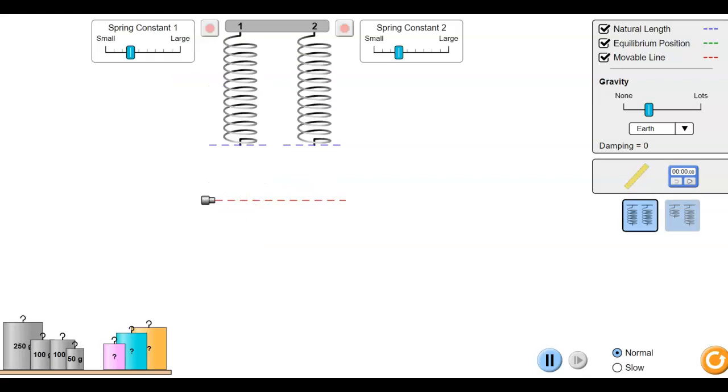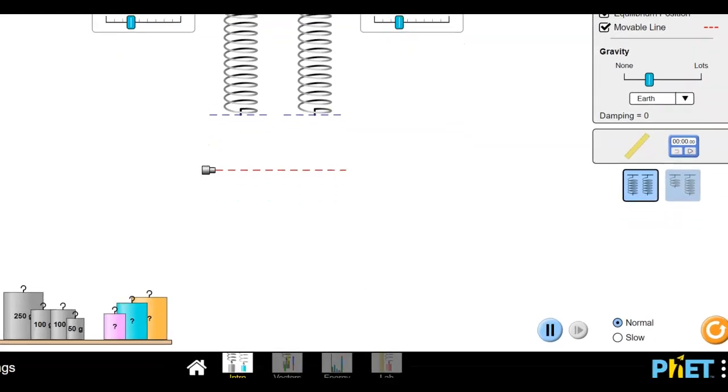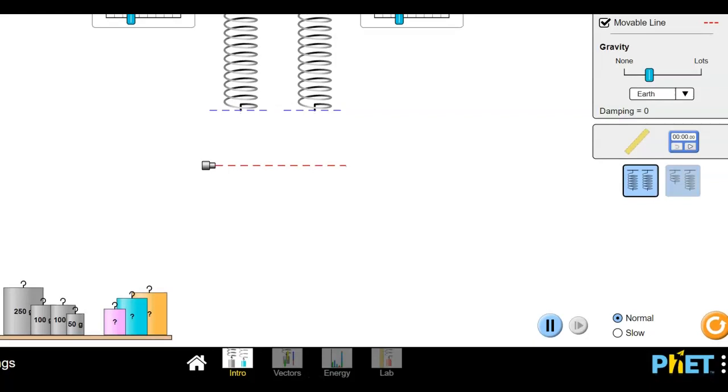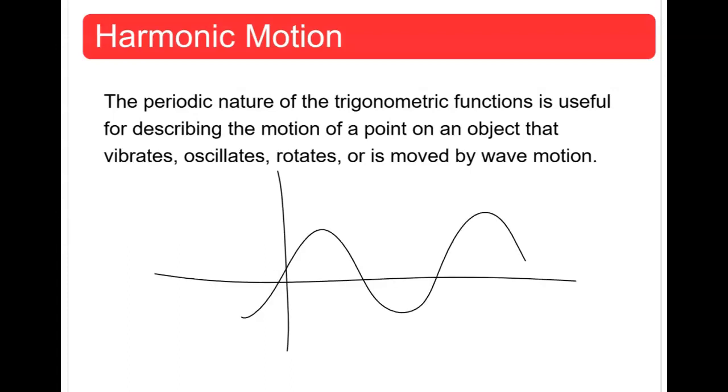And in case you are interested in this amazing website, let me show you what it is called. It is called PhET, P-H-E-T, and it is from the University of Colorado. So the vibrating, oscillating, rotating, or wave motion, like I've been saying, if we graph them, we will create a sinusoidal graph.